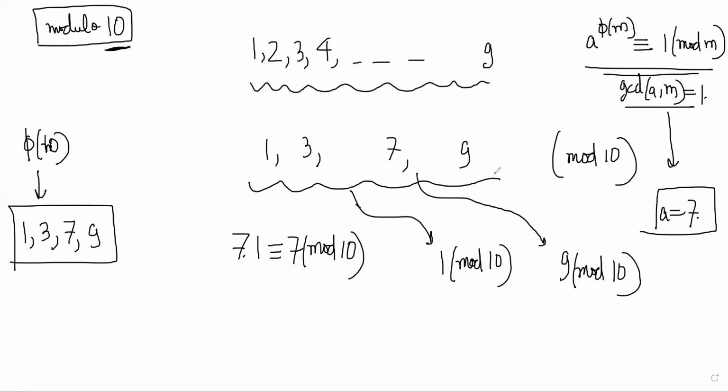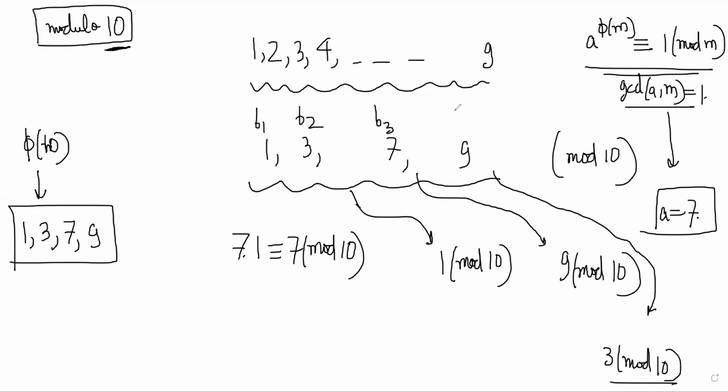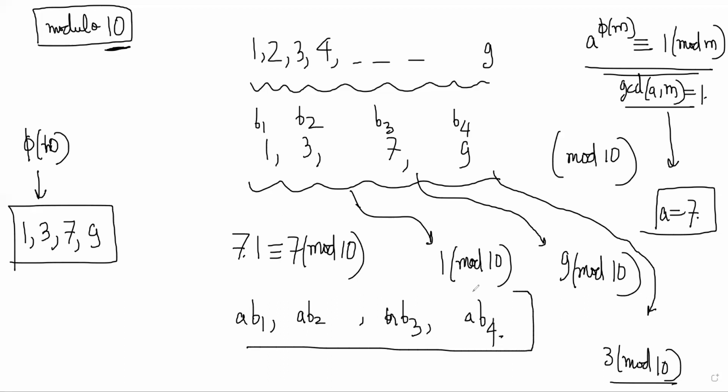And 9 into 7 is 3 mod 10, correct? So what you are saying is B1, B2, B3, B4 was such that when I multiplied by A, AB1, AB2, AB3, and AB4 are also the same.